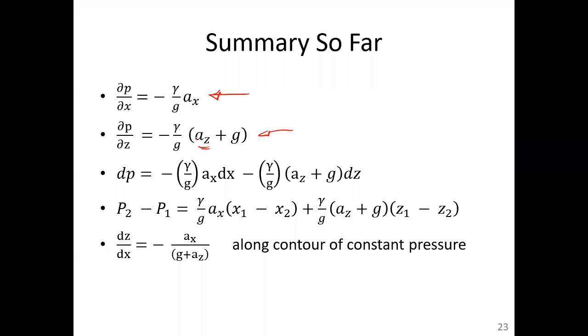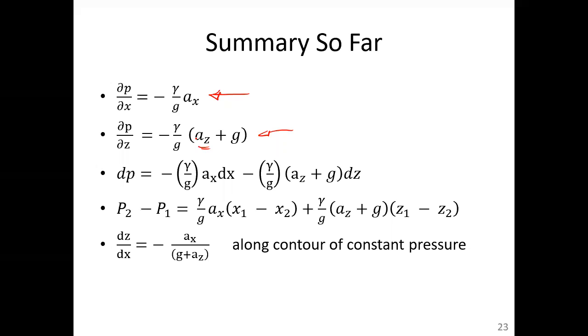And if you're accelerating az in the negative z direction, you actually decrease pressures compared to fluid statics. When we look at the total derivative of pressure, we can combine how pressure changes in both horizontal and vertical directions. And then we integrated that previous line between any 2 points in a fluid.